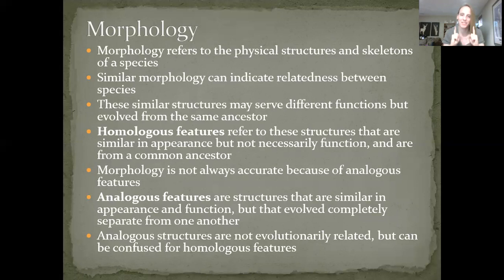That is the important part about homologous features, is that they are on species that are related. However, you can also have something called analogous features, which look very similar and probably function the same way, but are not at all evolutionarily related. They can trick you into thinking the species are evolutionarily related because they look the same, but they're not.